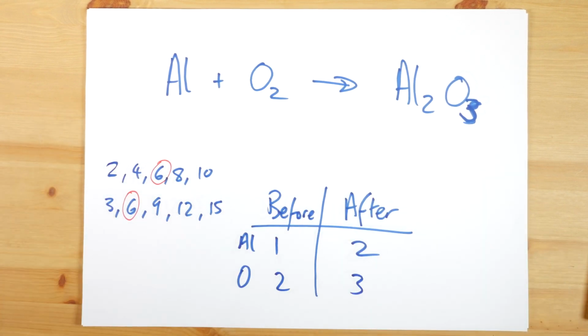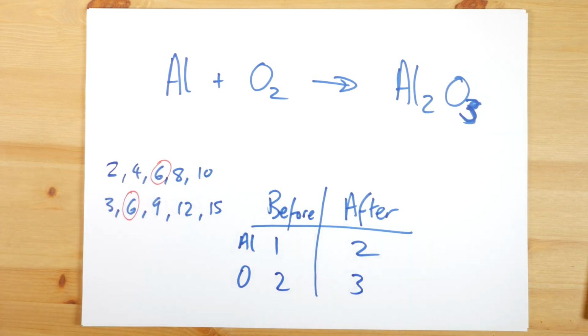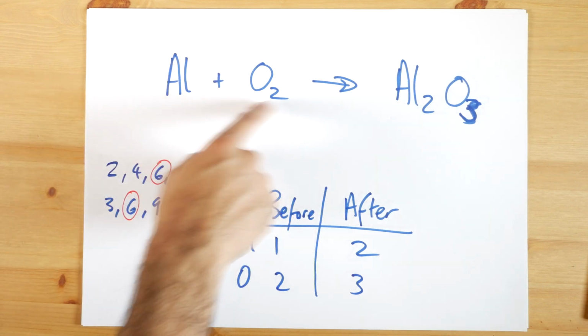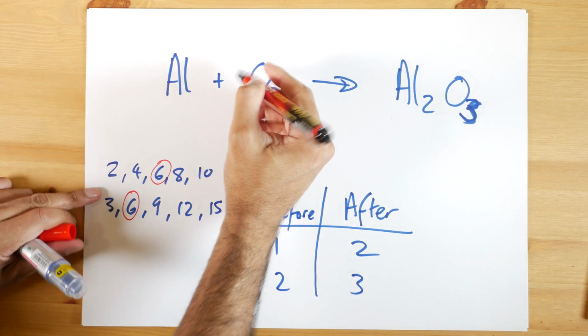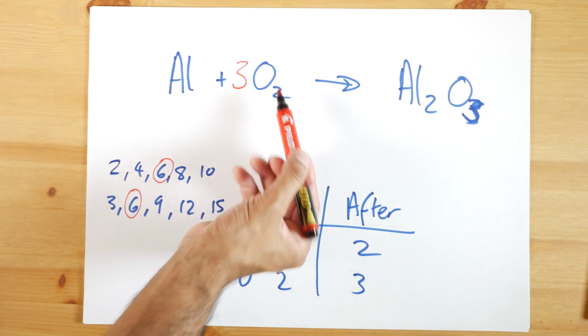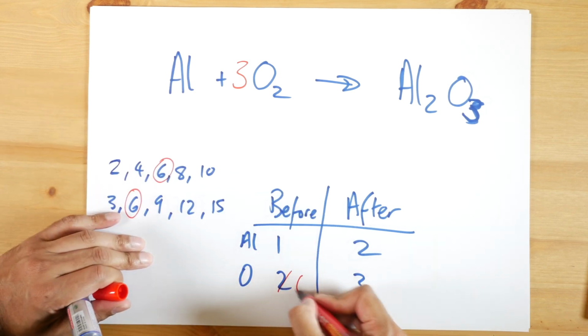So as I said before, we're trying to get to the lowest common multiple, and we're going to see where that takes us. So we've got 2 over here. We're going to try and get this whole thing to 6 atoms of oxygen. So how many do we need? Well, we need 3 lots of O2 because 3 times 2 is 6. That gives us 6 over here.